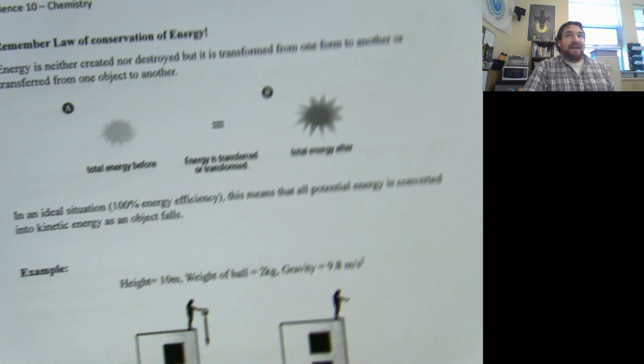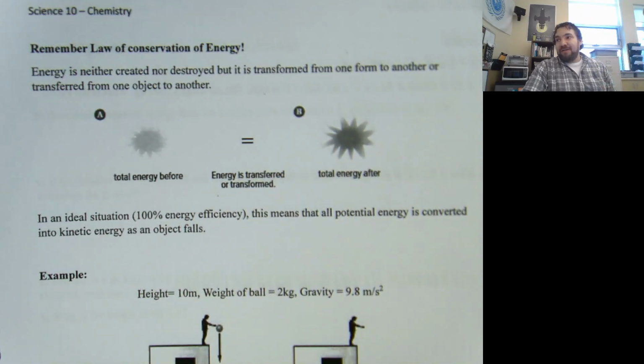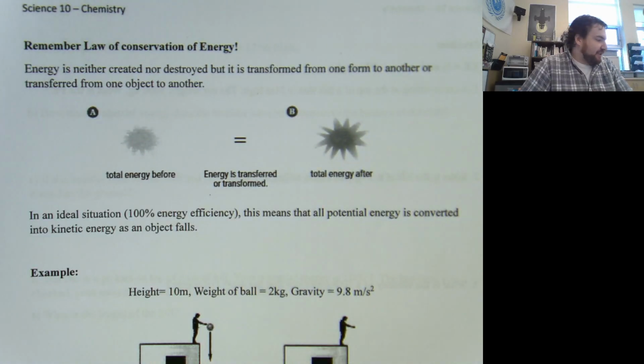Okay, flip the page. If you recall, we discussed once upon a time the law of conservation of energy. Law of conservation of energy says that energy is neither created nor is it destroyed. It's transformed or transferred between forms or from one object to another.